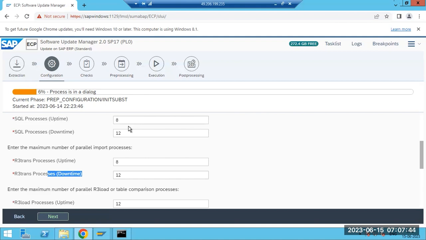It calculates how many CPUs there are and shows the results here.